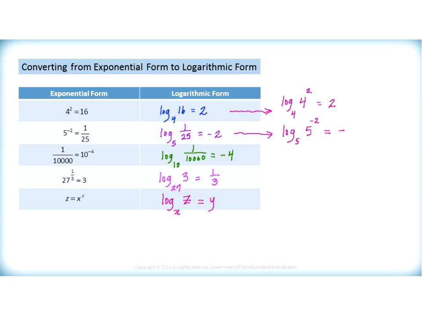And notice that the answer is negative 2. In the third example, we can rewrite 1 over 10,000 as 10 to the power of negative 4 with a base of 10, and the answer is negative 4.